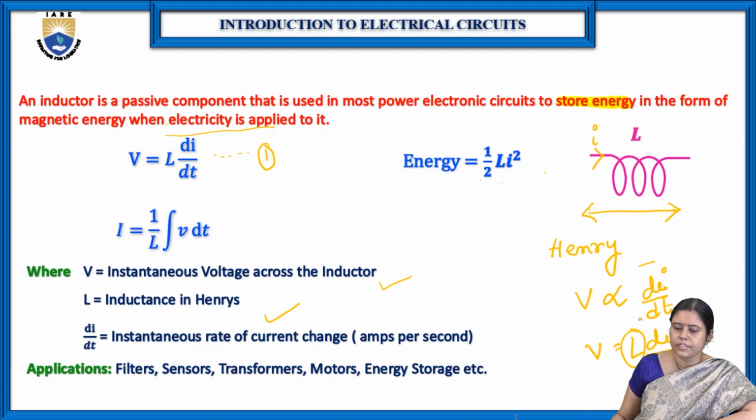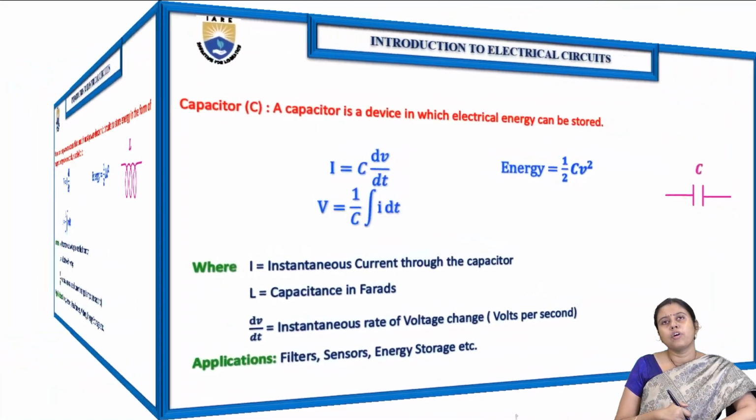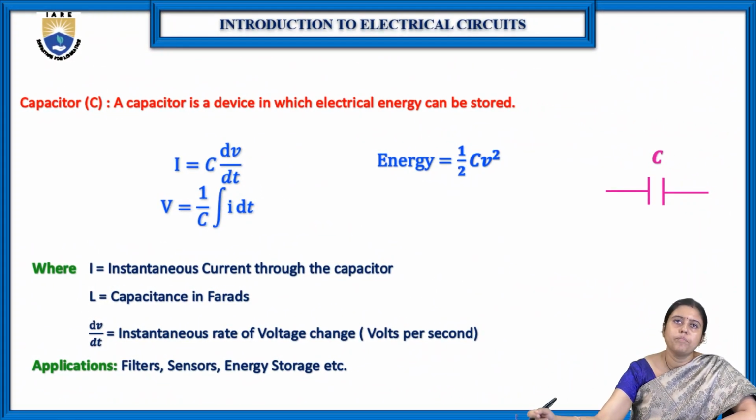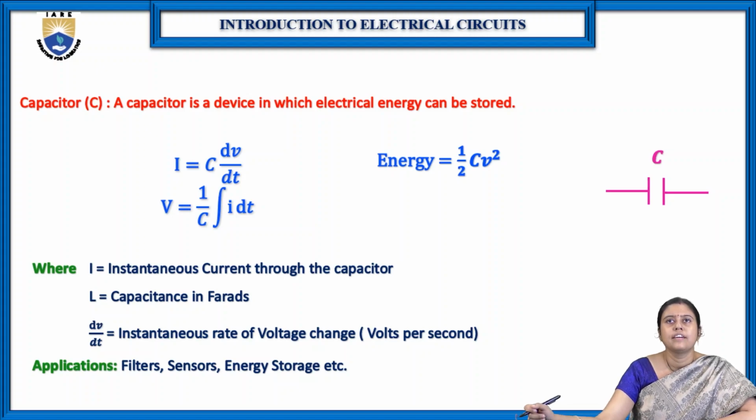Next, we are moving to our third important electrical circuit passive component, and that is the capacitor. A capacitor is a device in which electrical energy is stored.